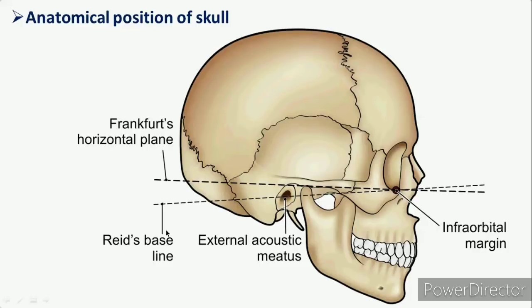You have to join these two points, then it is called the Reid's baseline. When you join the infraorbital margin and the upper margin of the external acoustic meatus, then it is called the Frankfurt's horizontal plane. So these are the planes to explain the anatomical position. You can remember any one of these two planes.